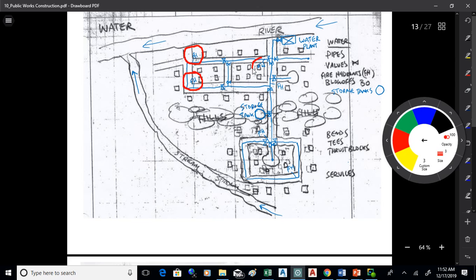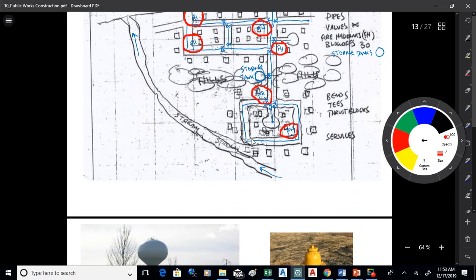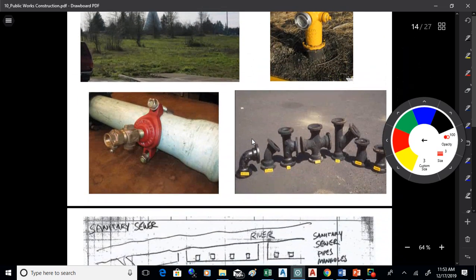So I've got fire hydrants spaced throughout this area, and hopefully they're close enough to all the buildings so that a pumper truck could attach a hose and then use those fire hydrants to fight fires anywhere that's needed in town. They also serve as places where you can flush the line out and clean it too, so they're kind of your entry ports into the system.